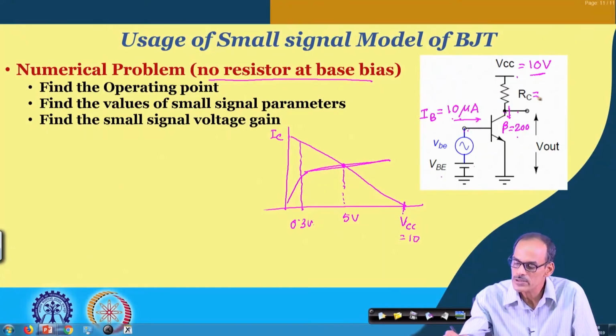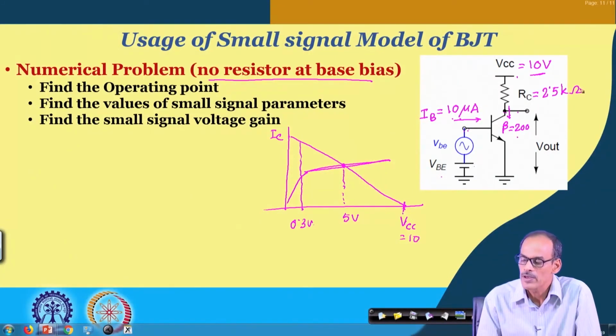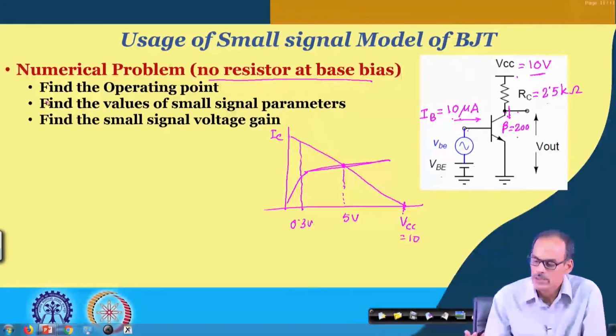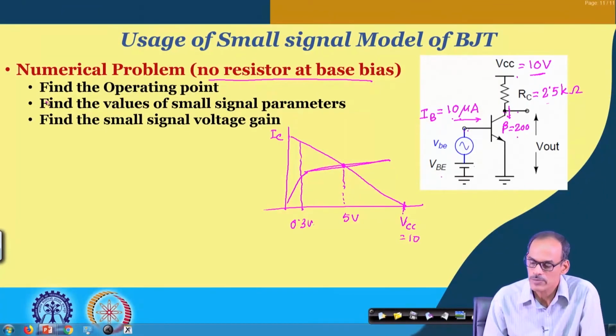That gives us a resistance of 2.5 kilo ohm. Suppose this information is given. There are in fact two ways of framing the numerical problem.